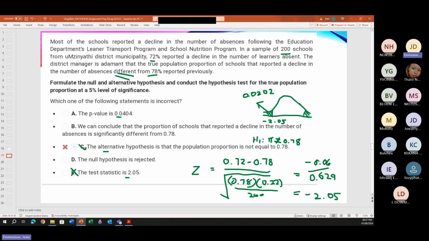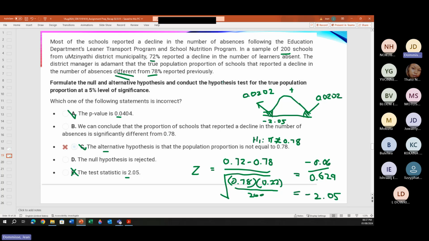So on this side, there also needs to be a 0.0202, which makes the p-value 0.0404. So the p-value is correct. Then we can conclude that the proportion of schools that reported a decline in the number of absences is significantly different from 0.78.